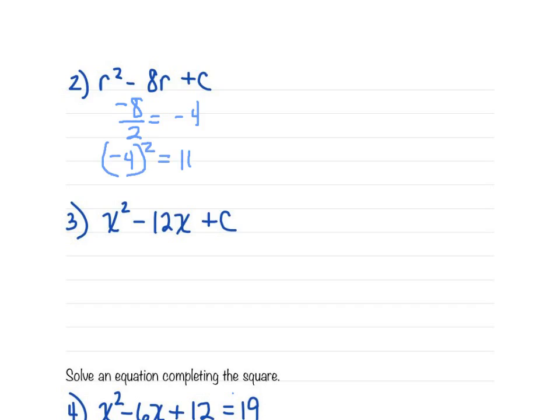That would be 16. Therefore, c is equal to 16. So let's go ahead and write that perfect square trinomial. It would be r squared minus 8r plus 16. And in order to factor that, it would be r minus 4 squared.